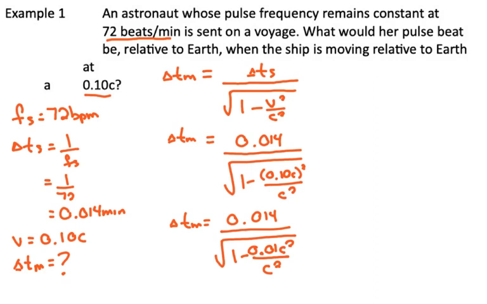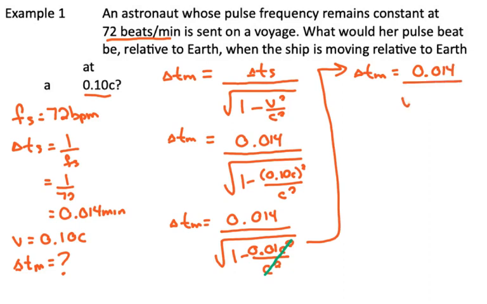And what we can do at this point is we can cancel the c²s, which will give us under that root 1 minus 0.01.